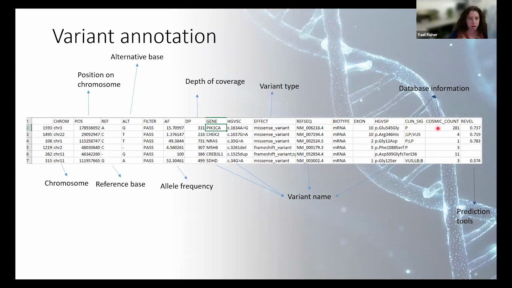This is the ClinVar database, and this is the COSMIC database, and even information from prediction tools that are more useful when interpreting germline variants, but may sometimes be useful in the somatic setup as well. So this file is something that is much easier to work with.